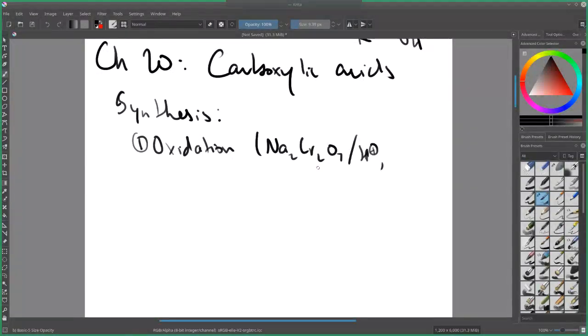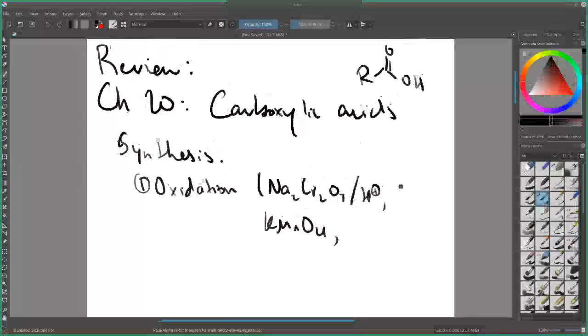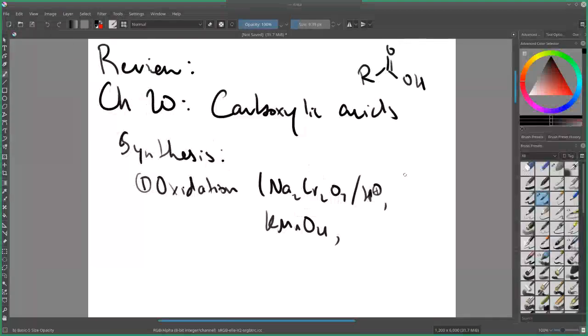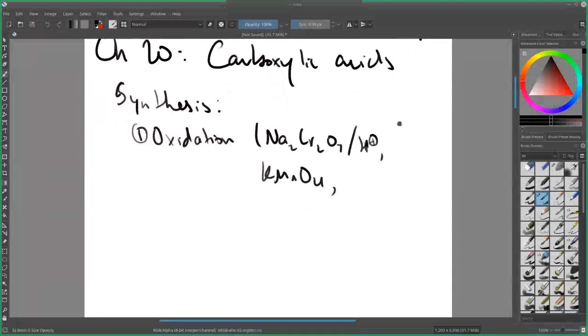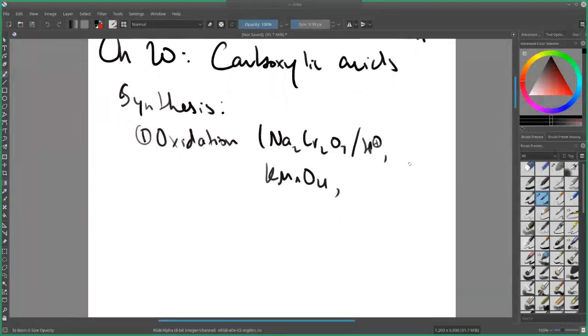Something else? Potassium permanganate. Yeah, potassium permanganate is just generally a really strong oxidizing agent. Maybe there are some more. I guess this is going to carboxylic acids, and a lot of the other ones that you've learned, like Swern or DMP, only go to aldehydes. So for carboxylic acid, let's see, maybe there's 1 or 2 more.